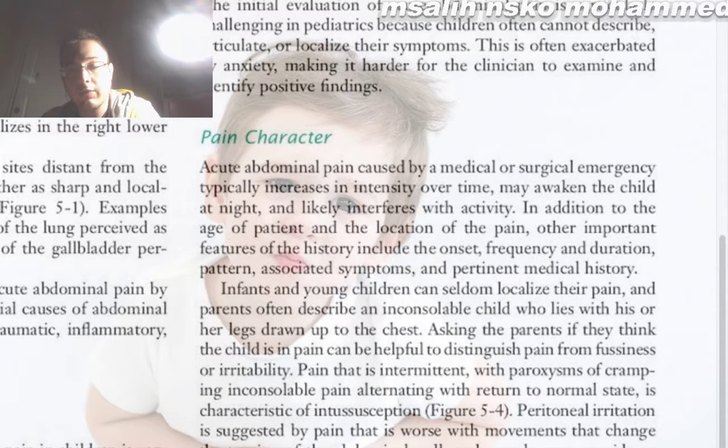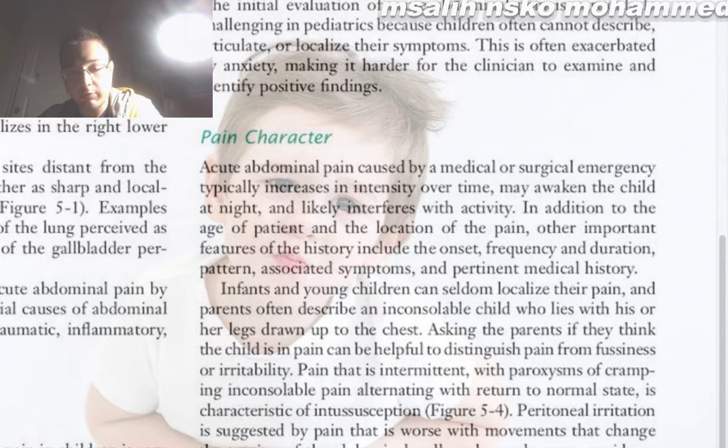When the infant has pain, they try to raise their legs up to their abdomen. If the pain is characteristic of invagination of the intestine, it has cramping pain, and it is intermittent pain. When the movement of the bowel is inverted, the pain is relieved.